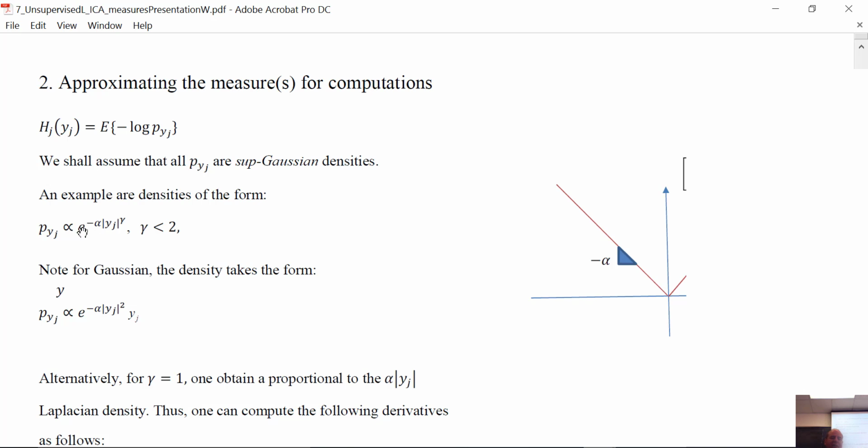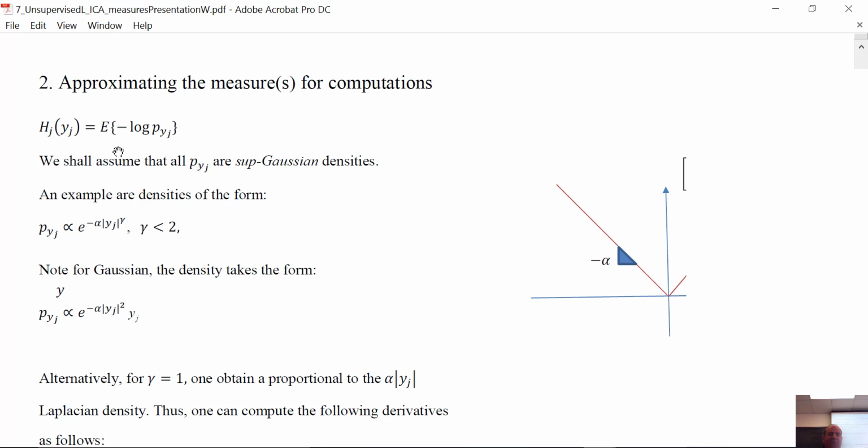So here, this is the Gaussian, this is non-Gaussian, and this alpha here is just a parameter which captures 1 over sigma or sigma squared. So we just say, let's have one parameter for it.